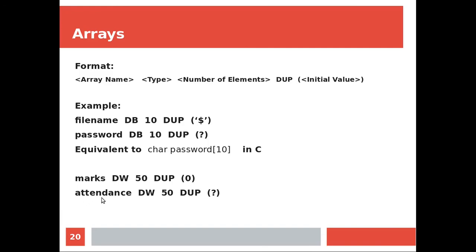Then another statement is attendance DW 50 dup question mark. This will also create a word array with 50 elements, and there is no initial value. So in both these cases, this will create a word array with 50 elements.